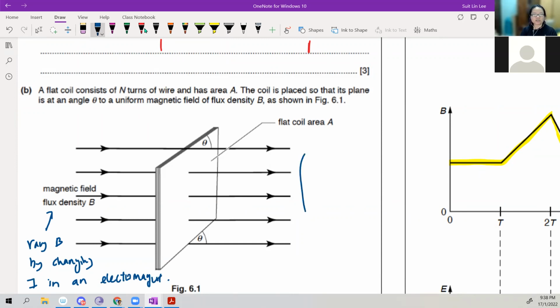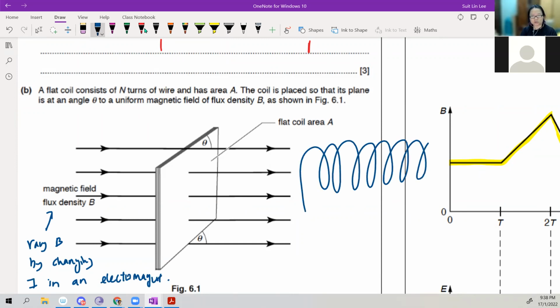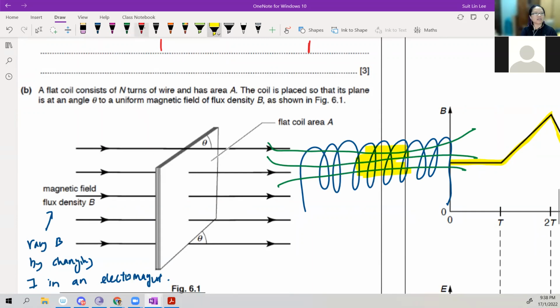Okay, so you imagine you have a large solenoid, and then the flux inside is like this, right? So you see this part here, it looks very uniform to me. Then here I can put my little frame, like that. So what I need to do is I just need to change this current. If I change the current in the coil, I will change the magnetic flux. Make sense?